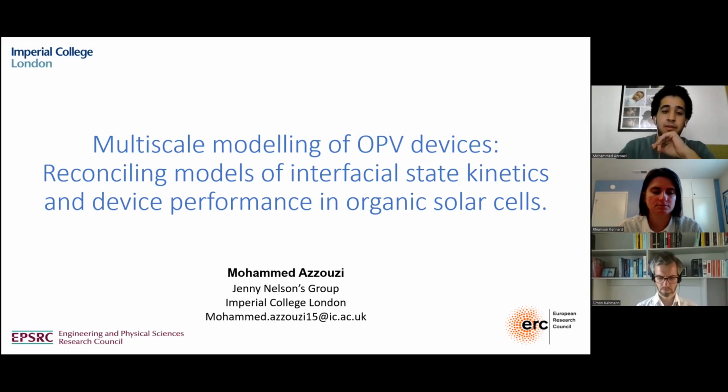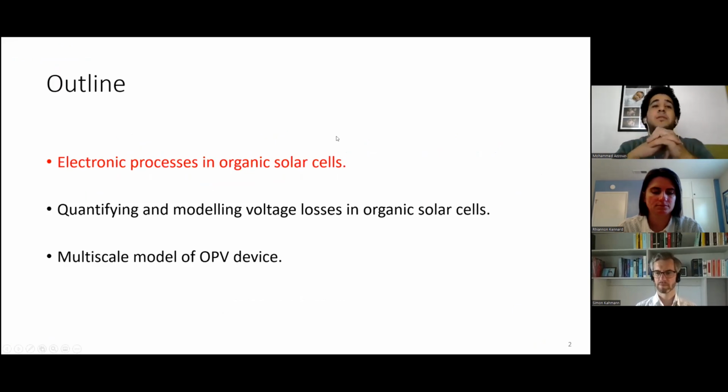So my talk will be in three parts. The first part will give a general introduction of what the electronic processes in organic solar cells are and what we are trying to model. Then I'm going to talk about specifically quantifying and modeling voltage losses in organic solar cells, focusing on the issue of the high voltage losses and why they're high.